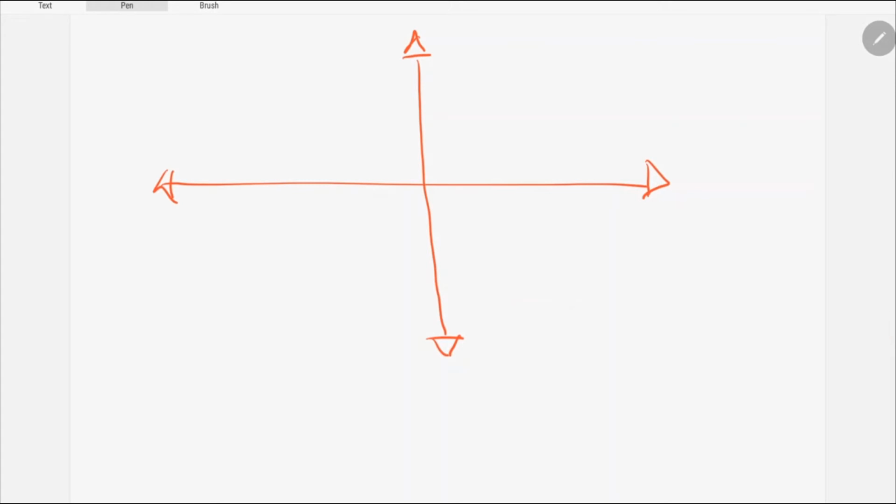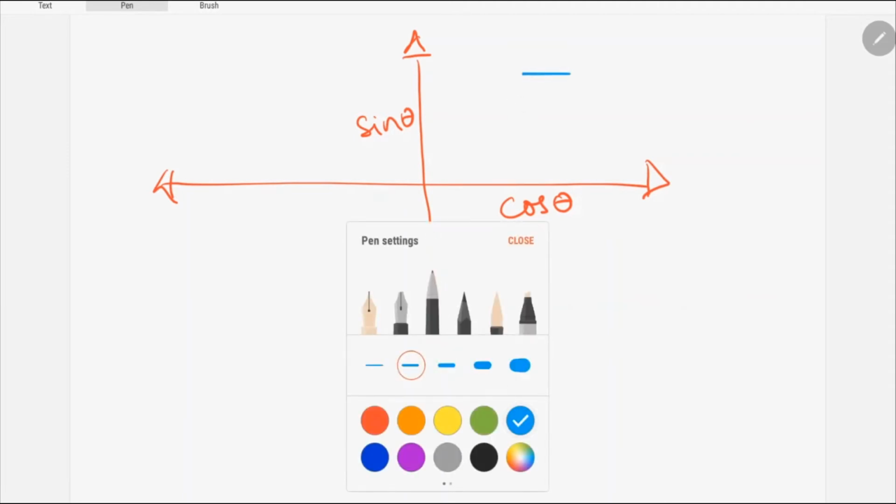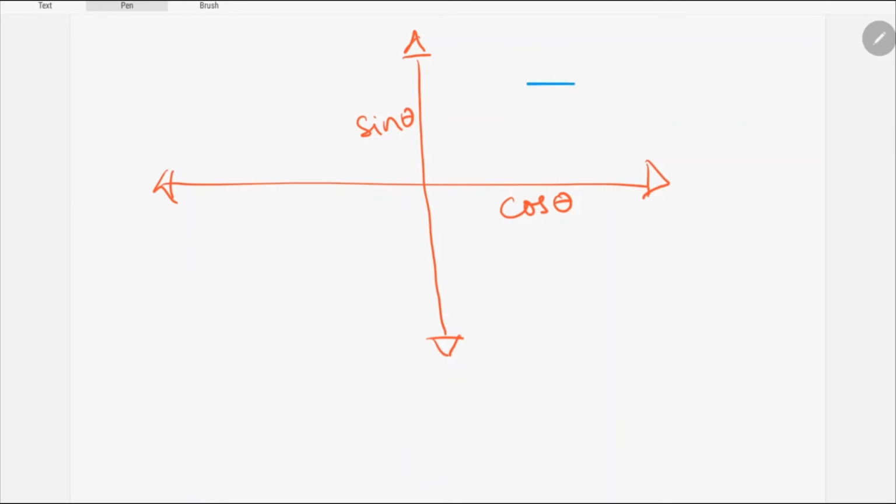So let's have a look at this same plane again. Let's say we have this part as cosine theta and this part as sine theta, and we have a point that we want to locate, given here.